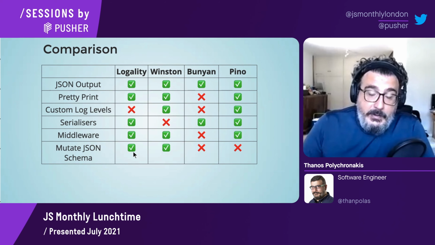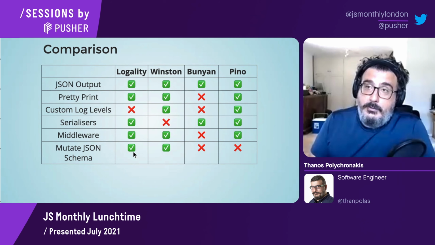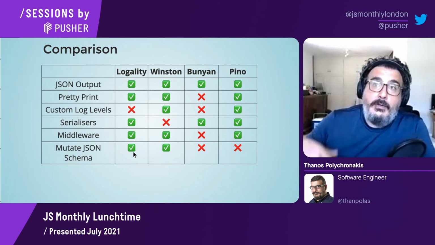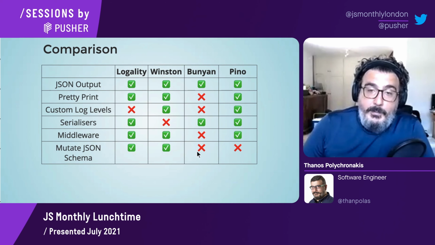Mutating JSON schema. We've seen why this is important and why this is a core requirement for logging libraries, because you shouldn't get married with the schema that the authors propose. Then there's another logging library in Go that has a different schema, and you need to have parity between the schemas.